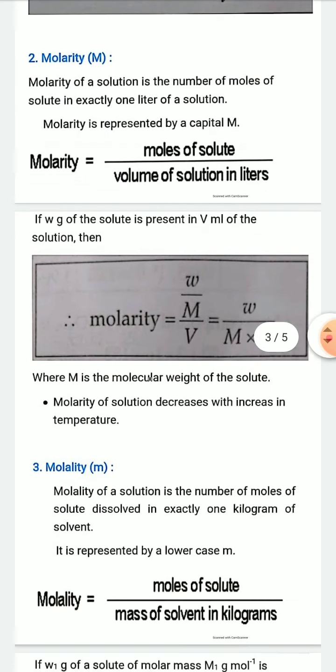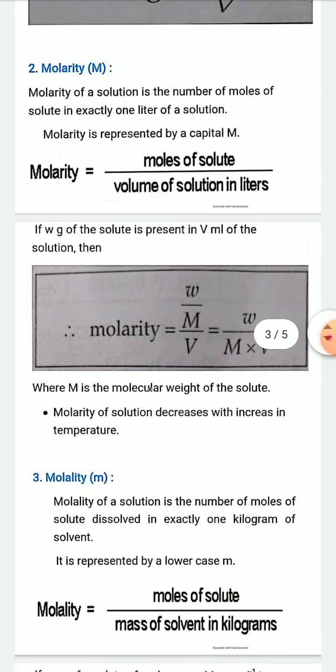Now another unit of representation of concentration of solution is molarity.